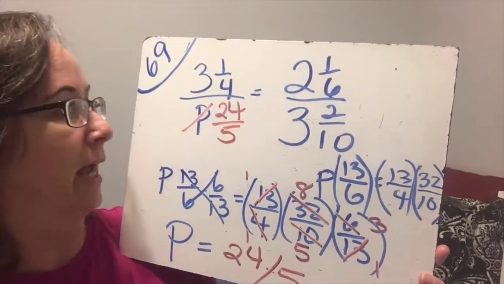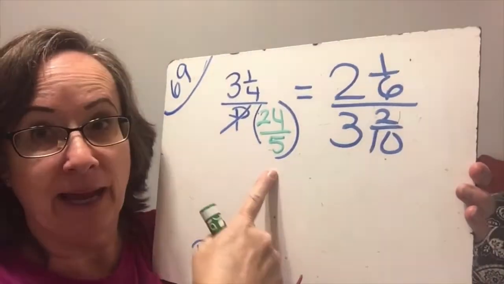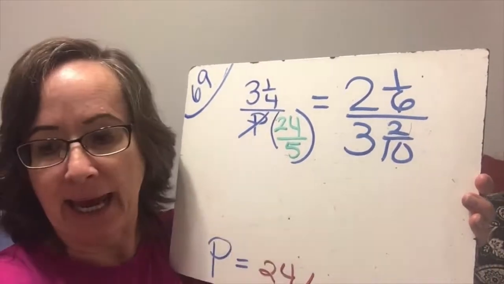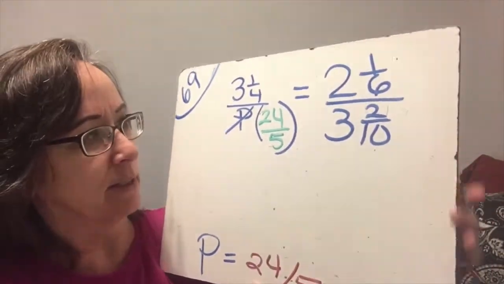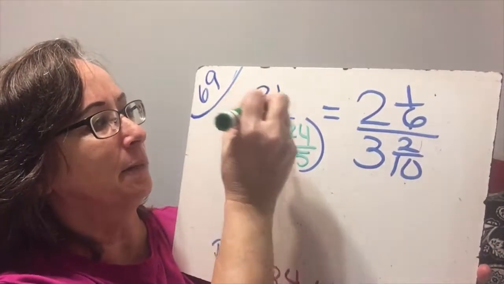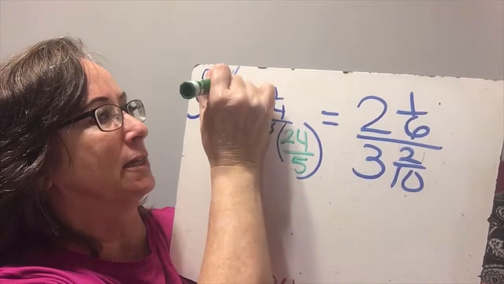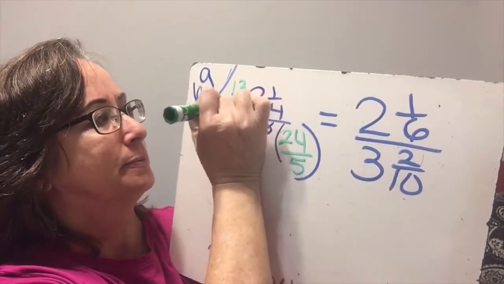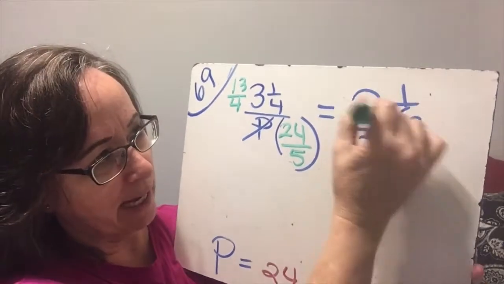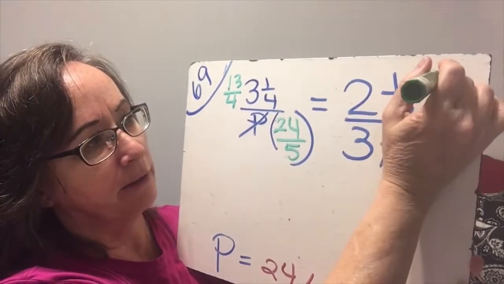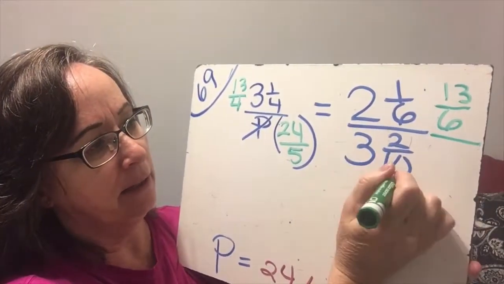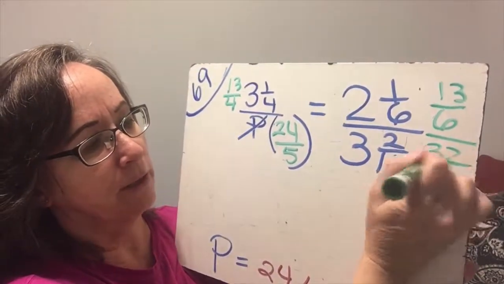Okay, so I have our 24/5 in the place of the P. And now I wanted to clear the board so that we could see the check a little better. So this is going to be 12 plus 1 is 13 over 4 divided by 24 over 5. And on the other side, we have 13 over 6 divided by 32 over 10.